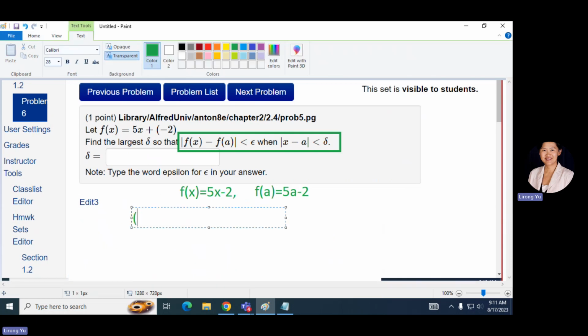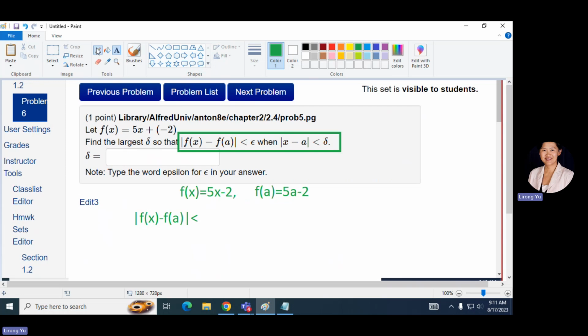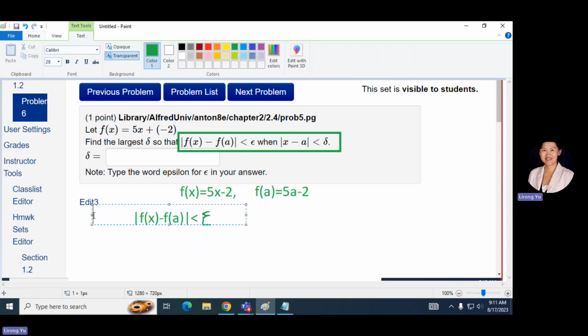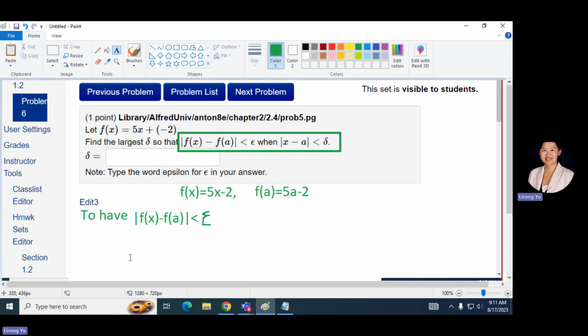We want the absolute value of f of x minus f of a to be less than epsilon. That's the goal, and we want to achieve that by choosing the right delta.